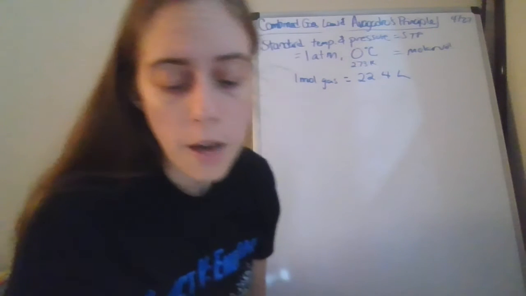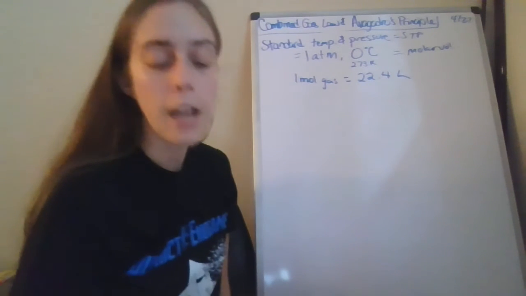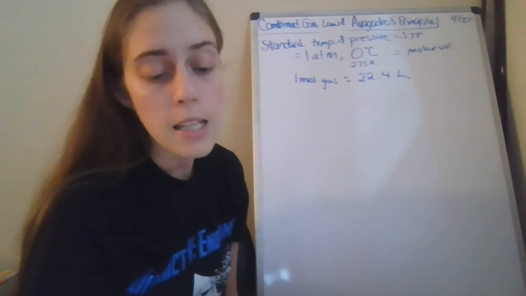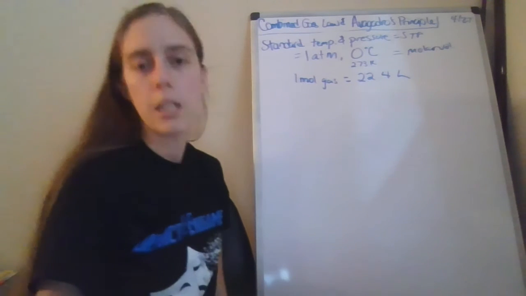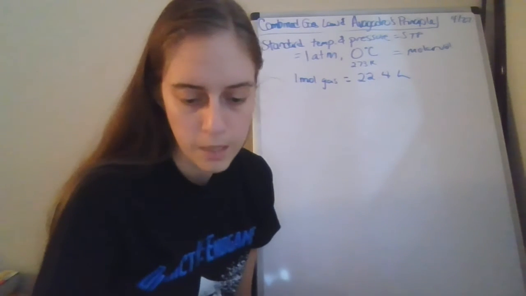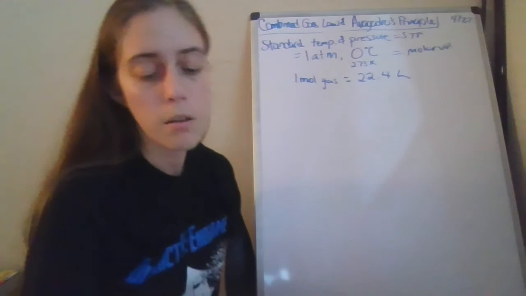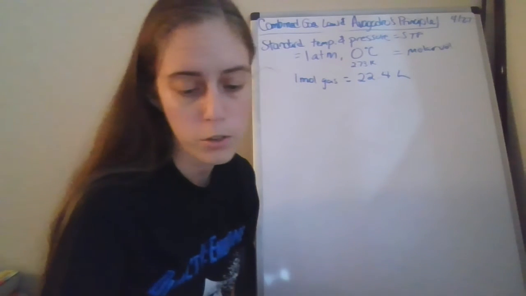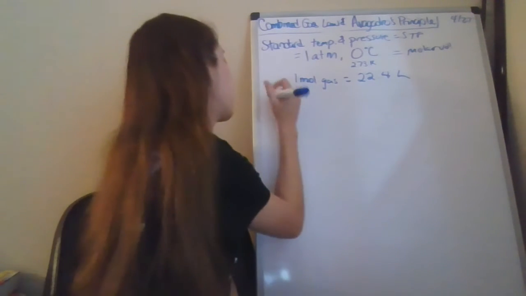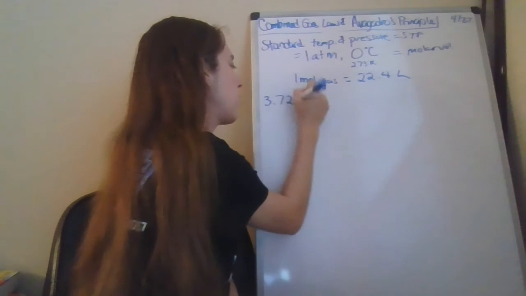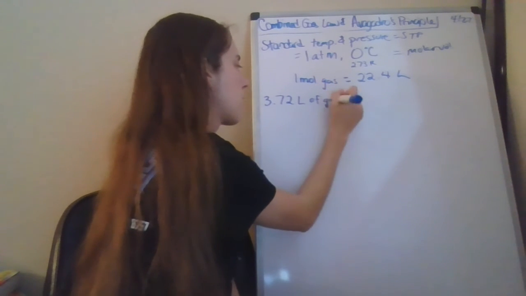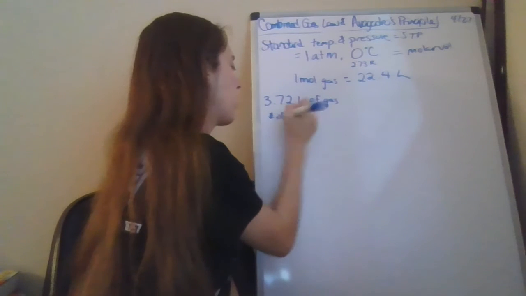Okay, so now if we want to figure out how many moles of gas there are, you can convert. Let's say that we have 3.72 liters at standard temperature and pressure. So let's figure out how many moles there are, and then we can figure out how many particles. All right, so let's say we have 3.72 liters of gas, and we want number of particles.